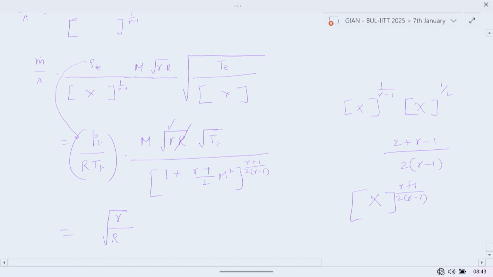If I cancel this square root of Tt, I have one square root of Tt in the denominator. Understood? Okay. So what is left out here? pt into M divided by (1 plus (gamma minus 1) by 2 M squared) power (gamma plus 1) divided by 2 into (gamma minus 1).